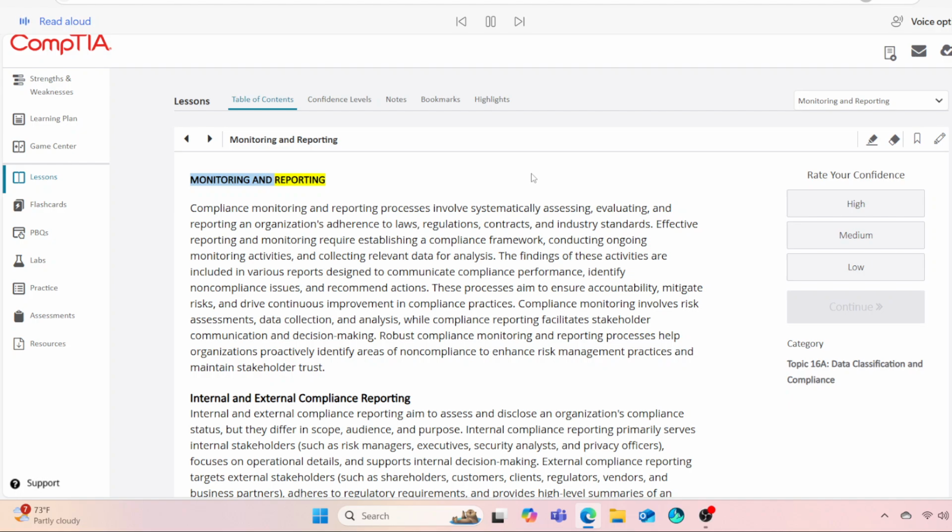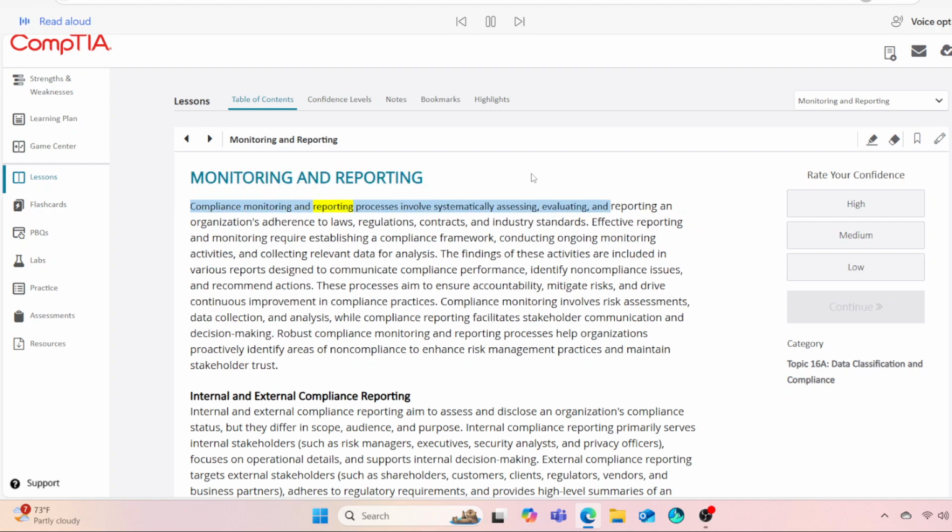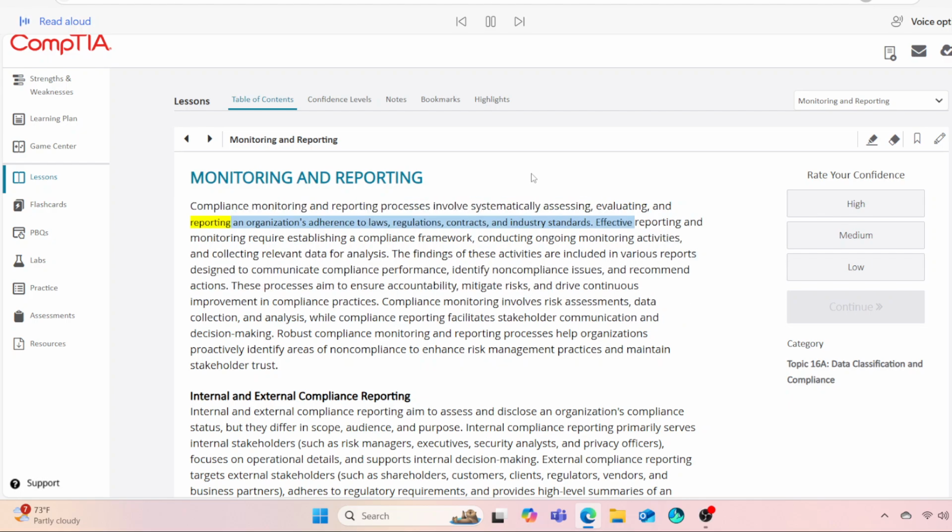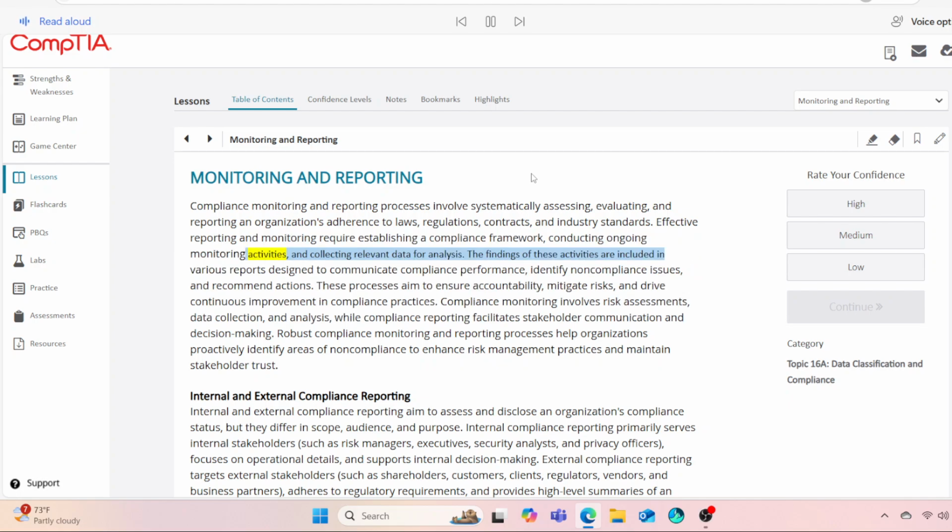Monitoring and reporting. Compliance monitoring and reporting processes involve systematically assessing, evaluating, and reporting an organization's adherence to laws, regulations, contracts, and industry standards. Effective reporting and monitoring require establishing a compliance framework, conducting ongoing monitoring activities, and collecting relevant data for analysis.